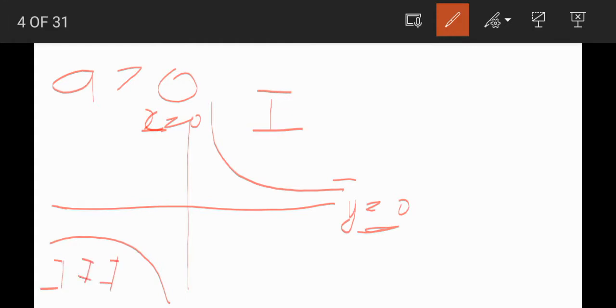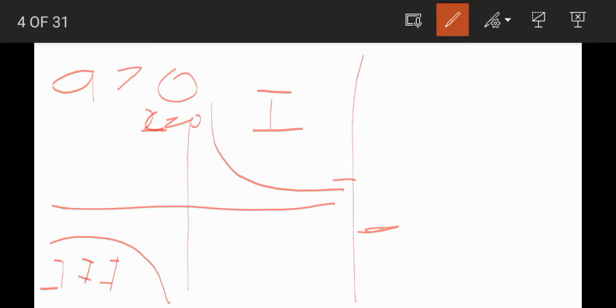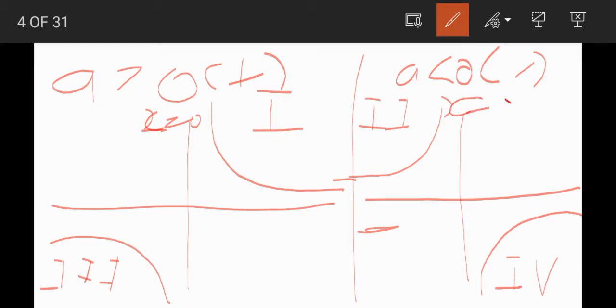What about if now you have a being less than 0, meaning your a is negative. Here your a is positive. Now if your a is negative, then you will have your graph located in the second and fourth quadrants, right? And still your x equals 0 and your y equals 0 are your asymptotes.